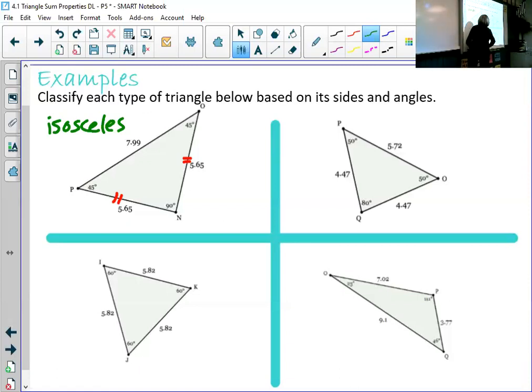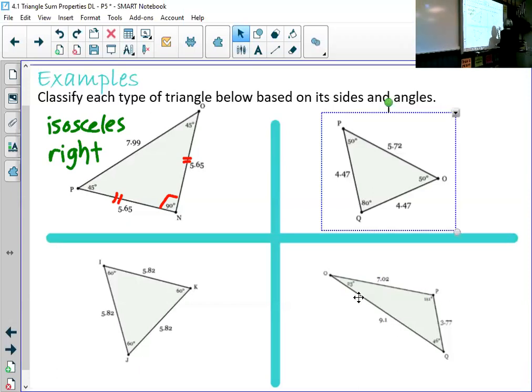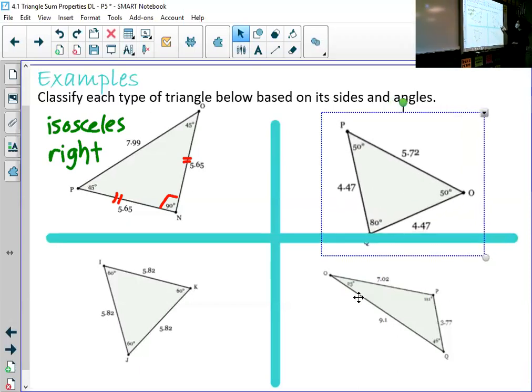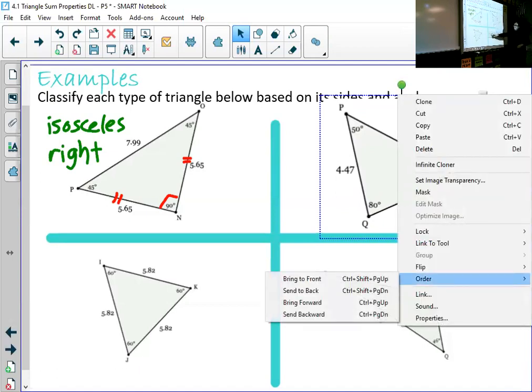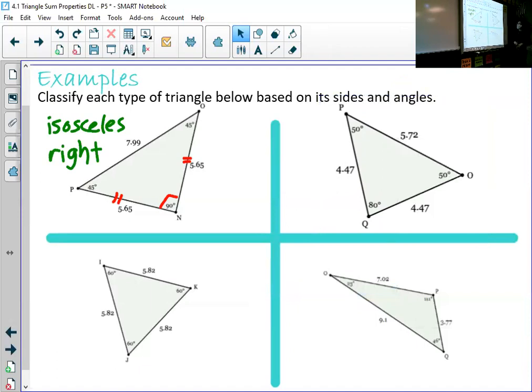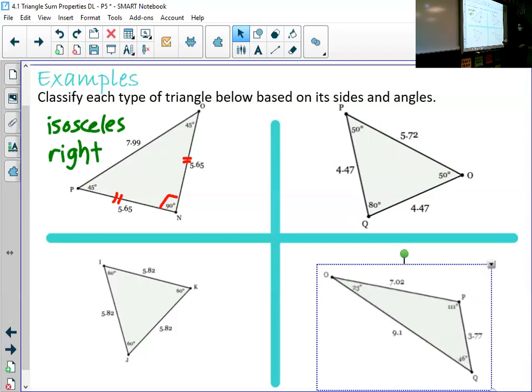They say it with 90 degrees, or they could have had it with a little 90-degree marking. So this we would classify as an isosceles right triangle. So you try this second one. I'll try to make this a little bit bigger.